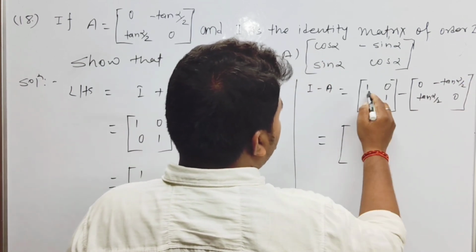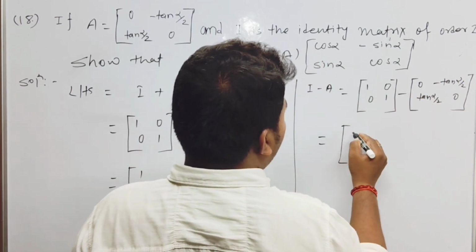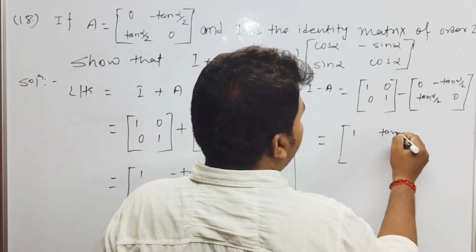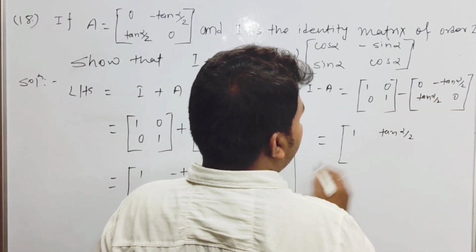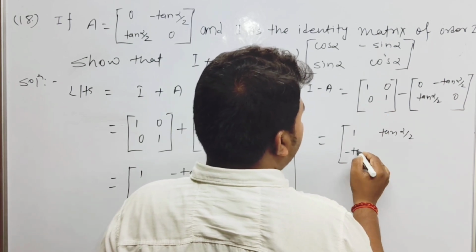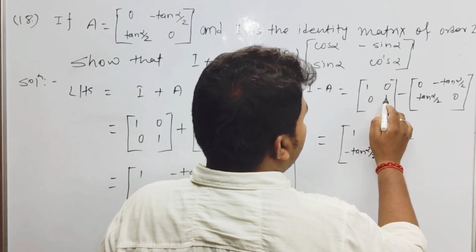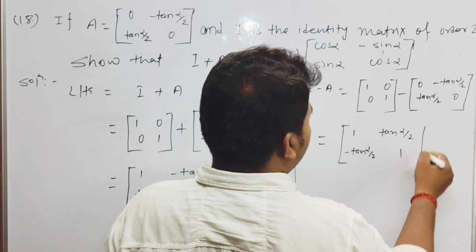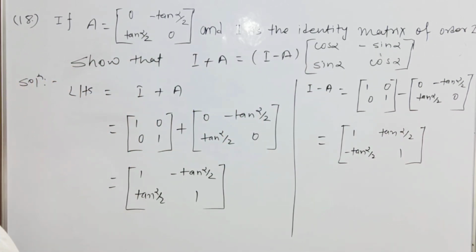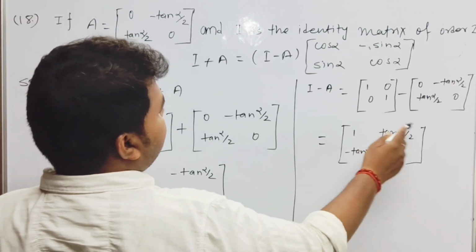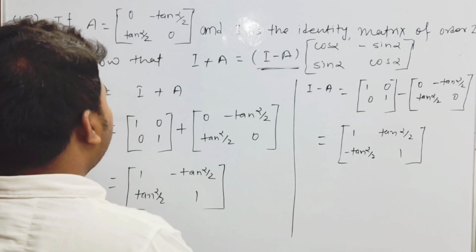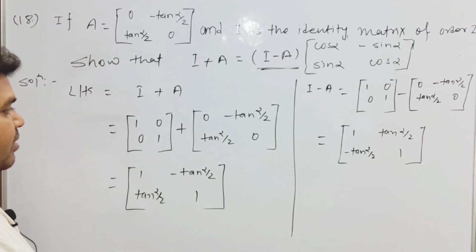Then we subtract corresponding elements: 1 minus 0 is 1, 0 minus minus tan(alpha/2) is plus tan(alpha/2), 0 minus tan(alpha/2) is minus tan(alpha/2), and 1 minus 0 is 1. This is I minus A.